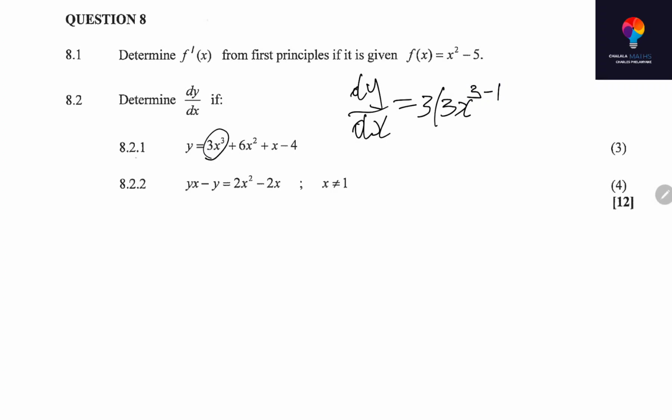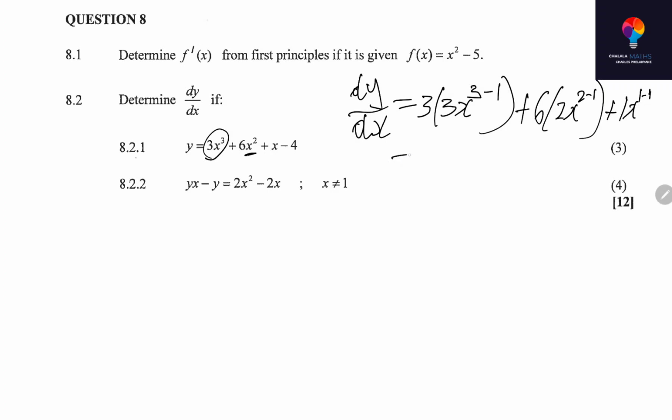This part, when we differentiate, and plus 6 multiplied by 2x to the power 2 minus 1. This part there, and then x is going to be 1 times x to the power 1 minus 1, which is going to be 0 there. Then the derivative of minus 4 is 0.